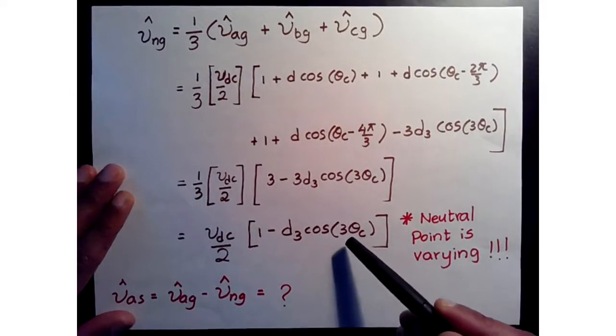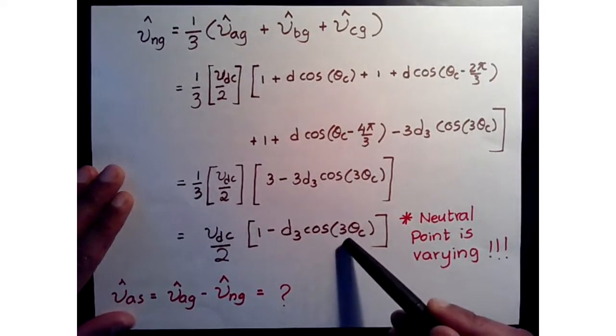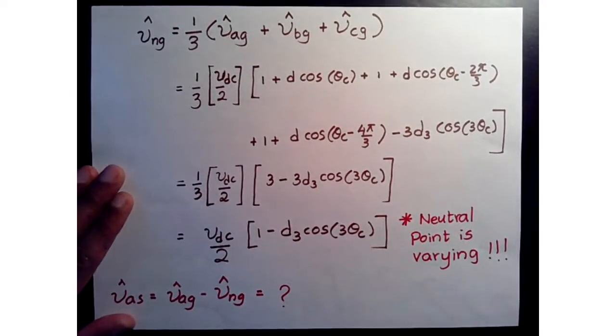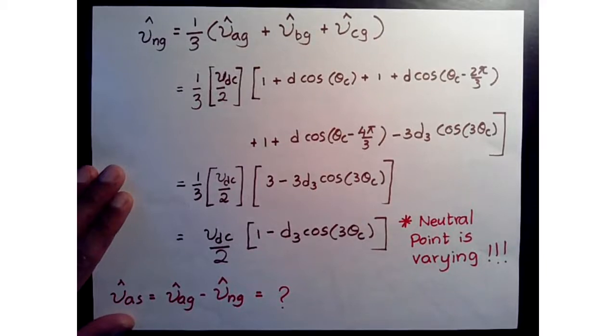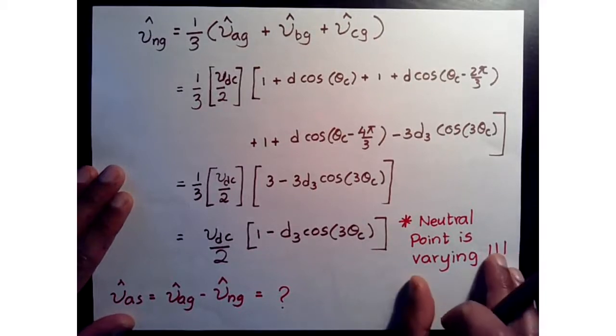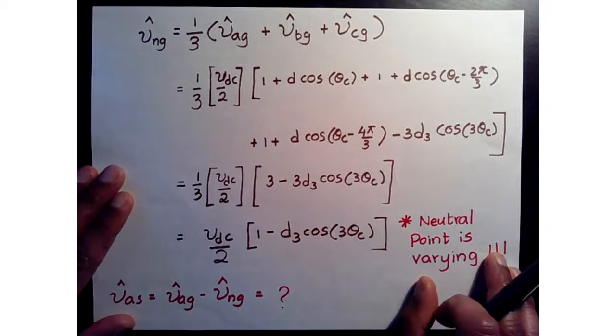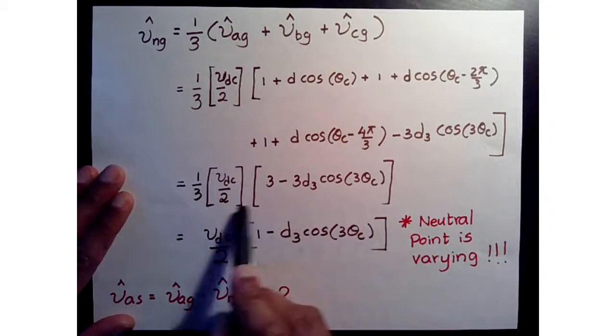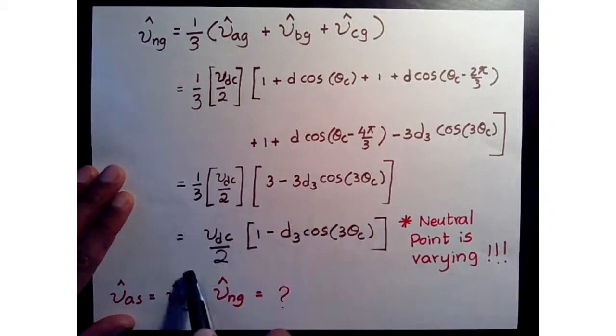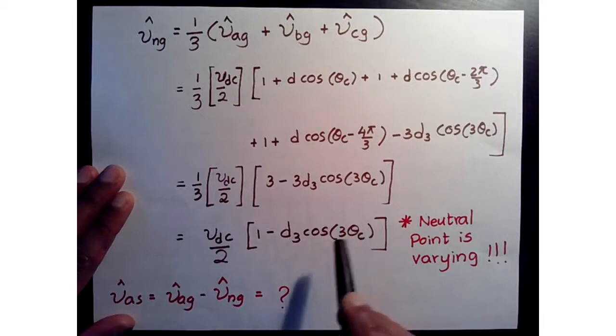Third harmonic injection is a little bit of a difficult concept to visualize, but I'll try to use some simulation and plots here to show you what that looks like. But basically, the idea is your neutral point voltage is no longer fixed. It has that third harmonic component.